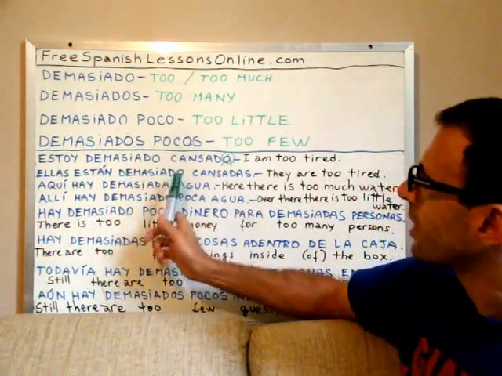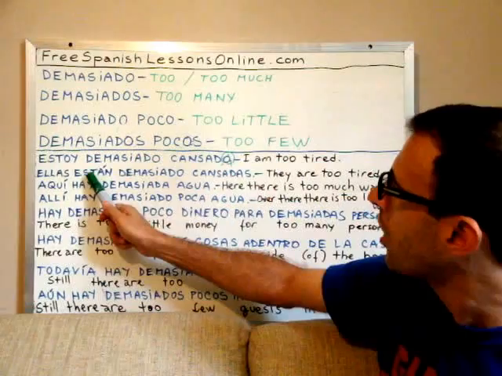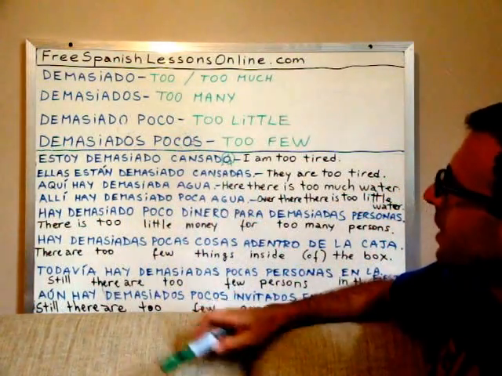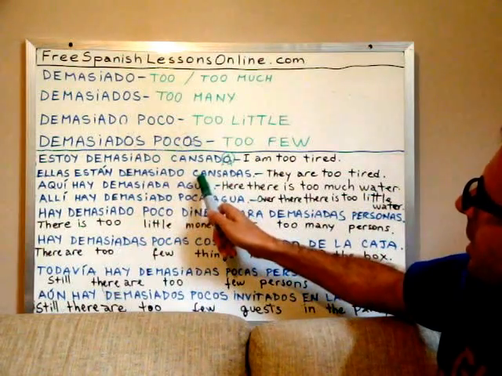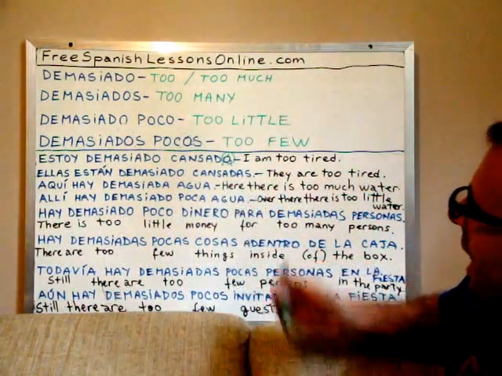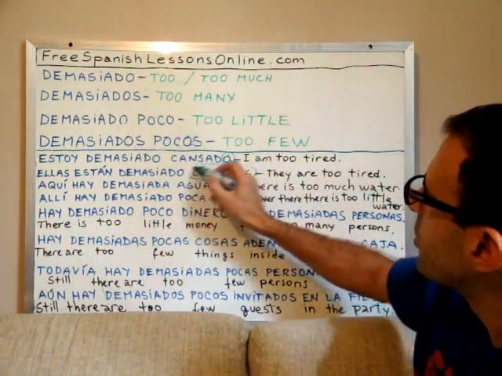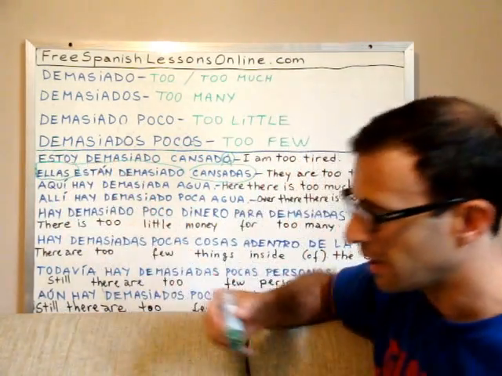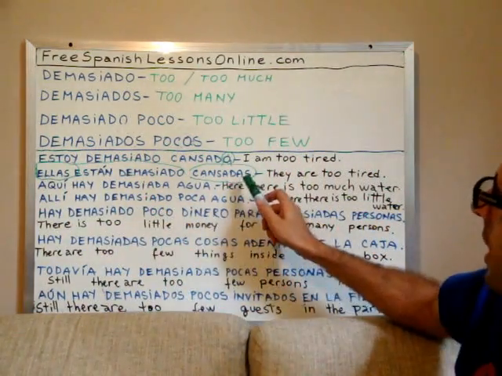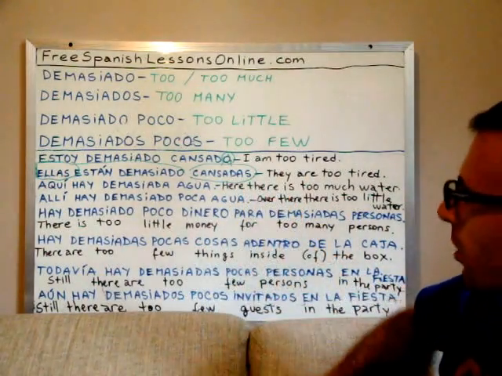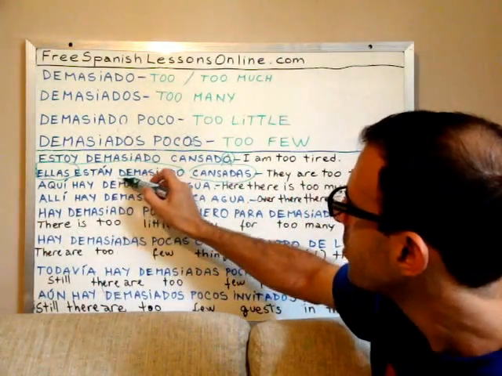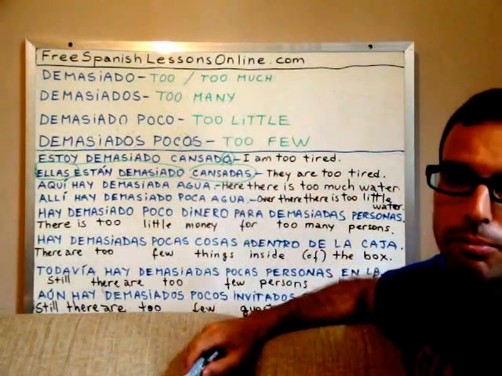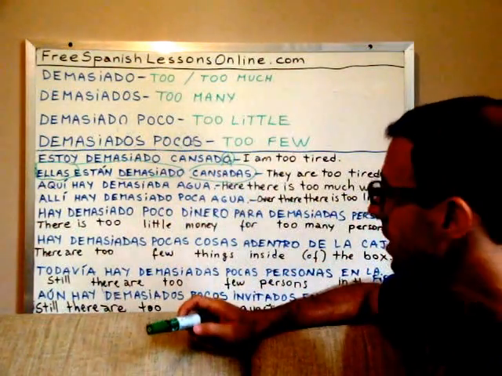Ellas están demasiado cansadas. They are too tired, okay? You can see here, cansadas, the adjective refers to a feminine plural subject, right? So it ends in AS. However, demasiado still remains demasiado, ending in O, because as an adverb it does not change, okay?